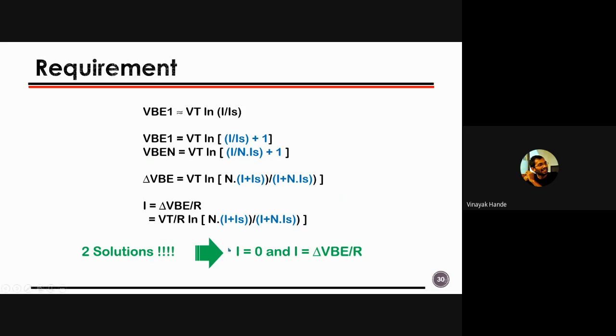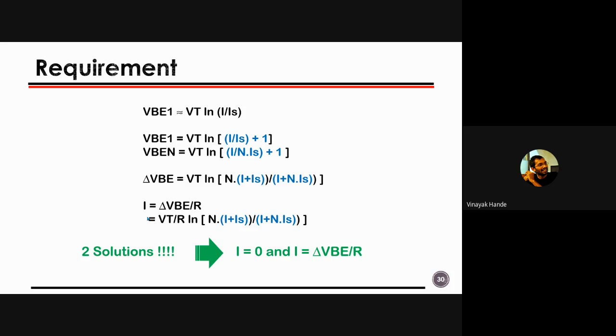The solutions will be valid if I substitute I equal to 0, because then ln 1 will be 0, so I is equal to 0. And if you put I equal to delta VBR, then also it is valid.